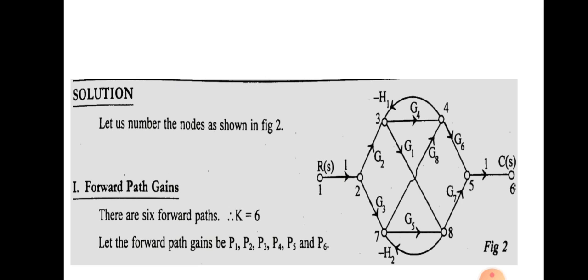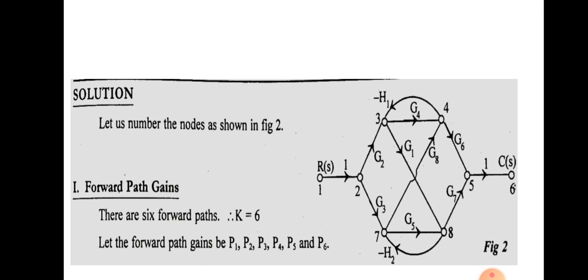Your first step is the forward path gain. First of all, you have to find the number of forward paths, and for that you start from the input and reach the output without passing a node more than once. So how many paths will there be?